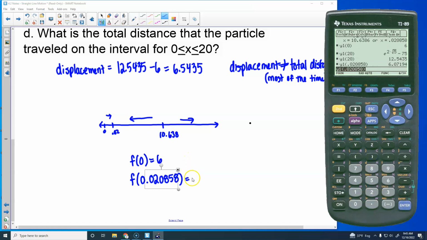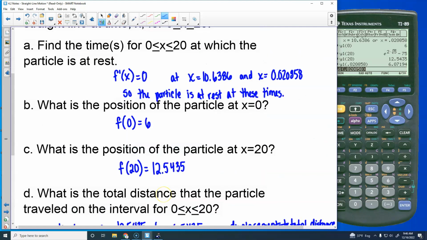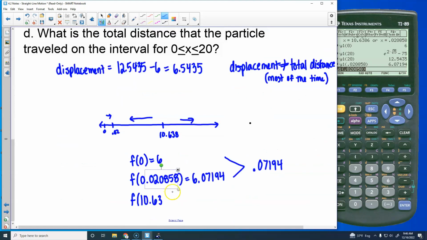That gives me 6.07194. So from 0 to 0.02, how far did I travel? 0.07194. I was going to the right, just a tiny bit, right? Then I want to figure out where I ended up at 10.6386.